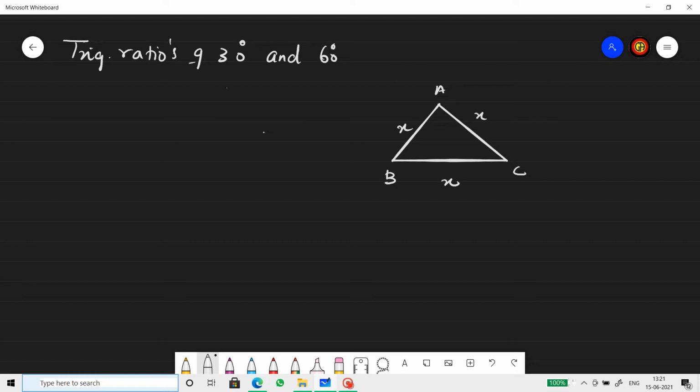Now here I have constructed an equilateral triangle. So ABC is an equilateral triangle where all sides are equal and all angles are 60 degree. So 60, 60 and 60.